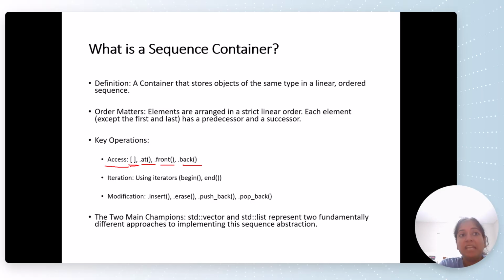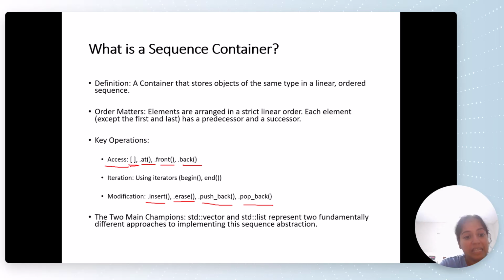Iteration. We use iterators on the STL containers to traverse a container. If we need to modify a container, we use .insert, .erase, .push_back, .pop_back. .insert to insert an element at a particular location. .erase to remove an element at a particular location. push_back will insert the element at the end. pop_back will remove the element from the end.